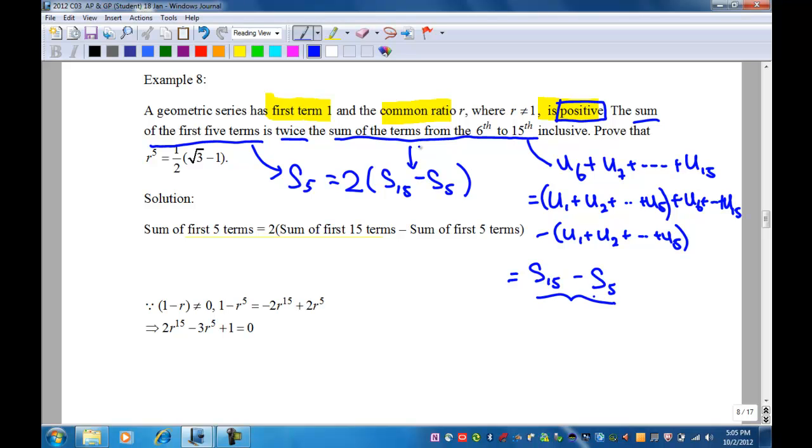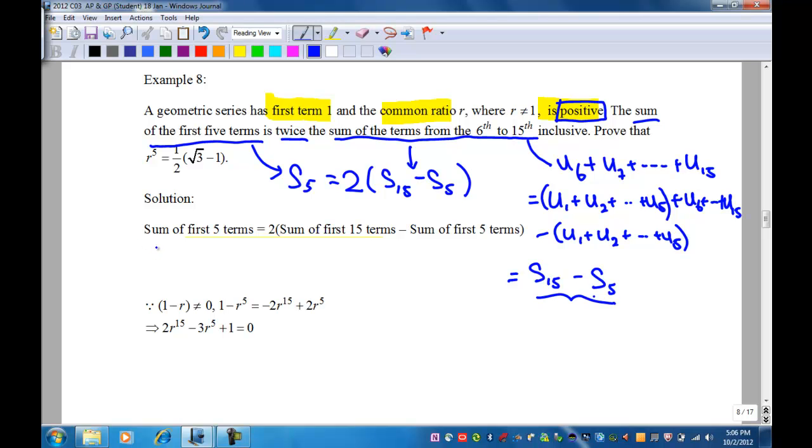Now, knowing the sum of the first n terms as a(r power n minus 1) over r minus 1, or we can use the alternative a(1 minus r power n) over 1 minus r.